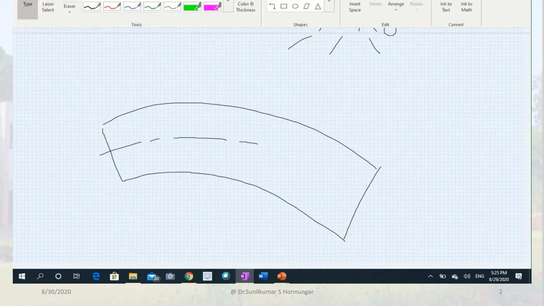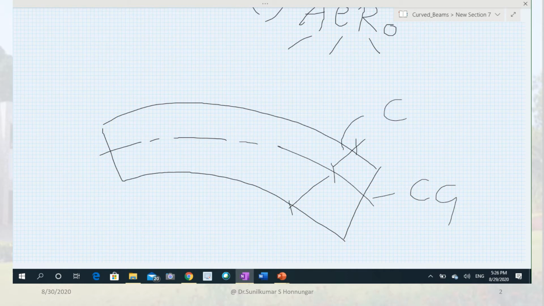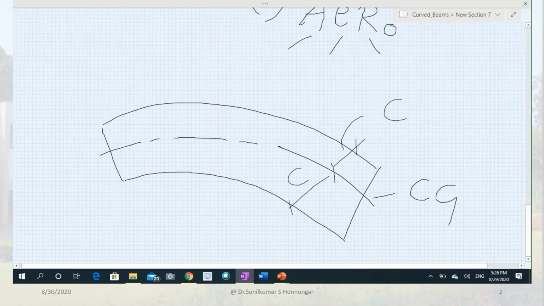So this is the CG, and with respect to CG, in your data book they have given simply C. This is the geometrical axis or centroidal axis, and I will use another color so that understanding will be better. Hope you can distinguish this red color.